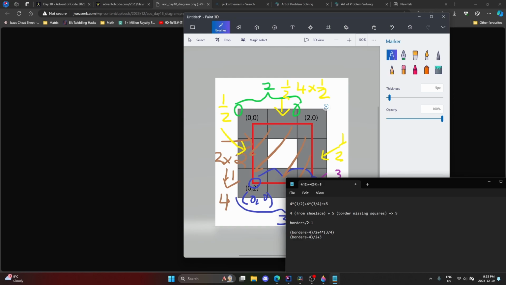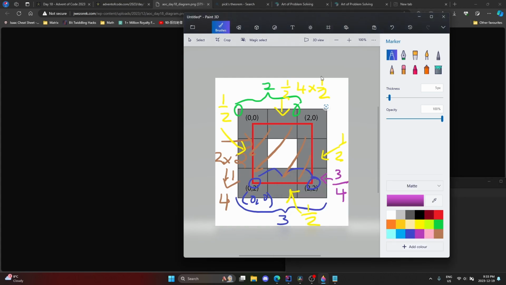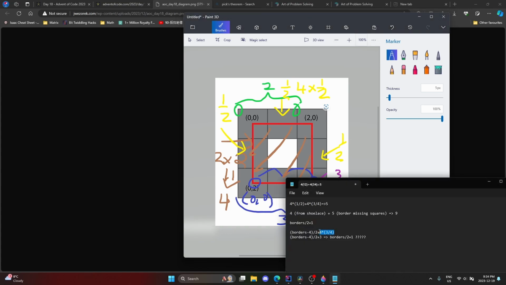Then how do we turn from this to this? Well, if we think about the logic of pairing the squares again, so this is 3.